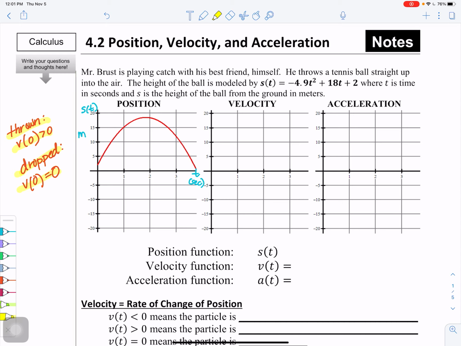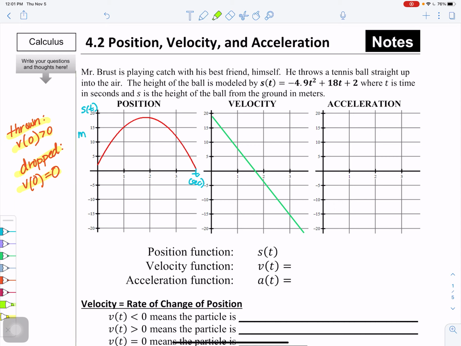Okay, let's go to velocity. So I don't really want you to worry about this graph as far as where I'm graphing everything. So I'm just going to draw this line and kind of come down like that. Again, don't worry about where it's located. And if you notice, this is a straight line, okay? So let's kind of follow along here and see what we have.